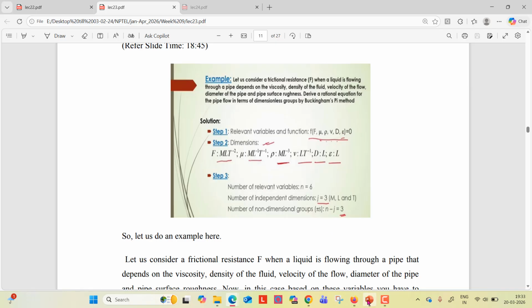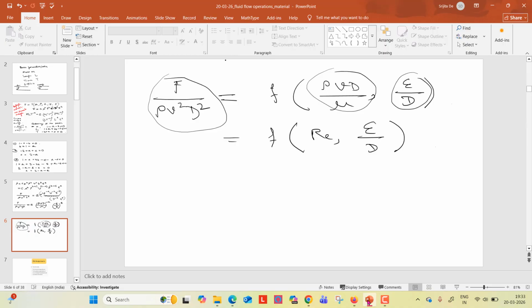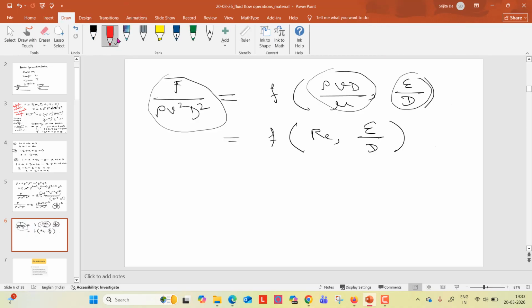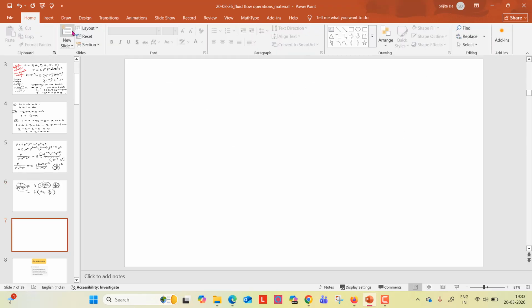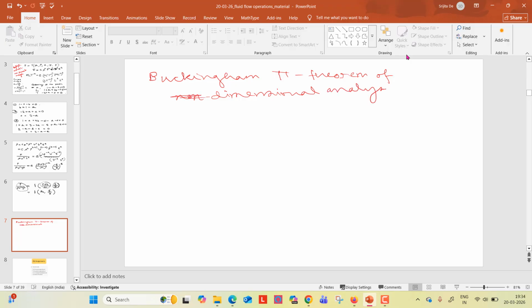So as you can see, there are 5 independent variables, for Buckingham pi theorem, of dimensional analysis.